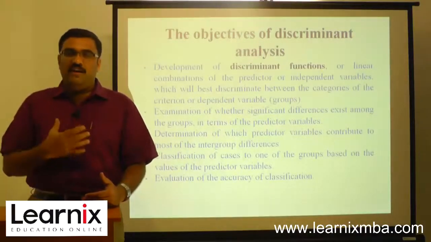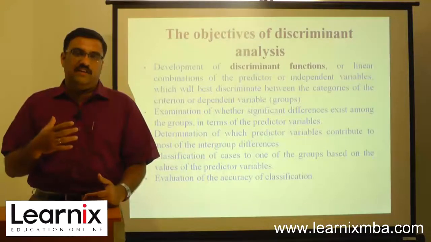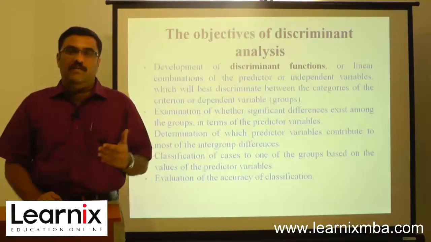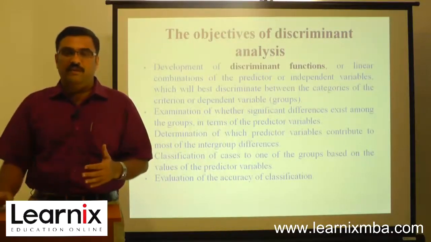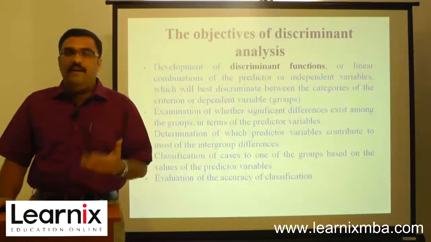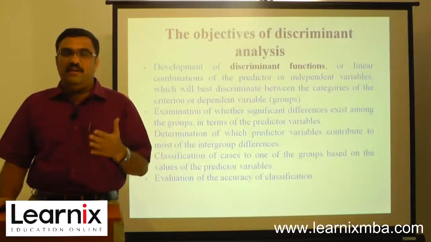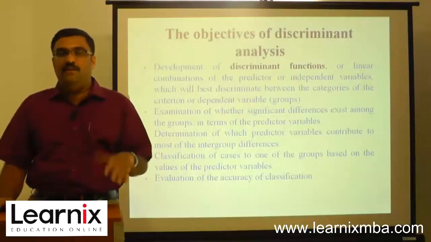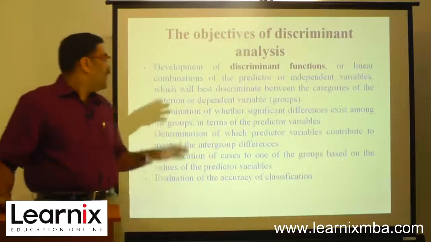So if we use discriminant analysis there, we calculate the discriminating ability of all the independent variables on the dependent variable. That means we can even predict whether a particular person may buy a thing or not, so that is a probability we may find out.